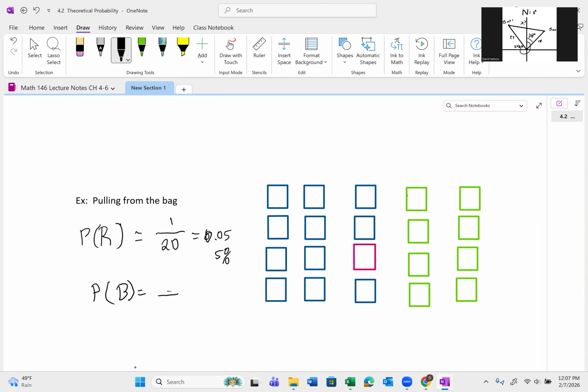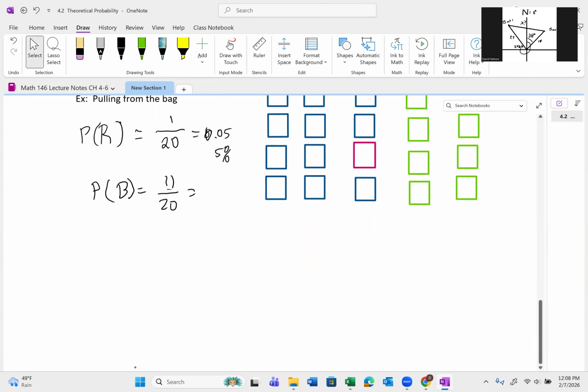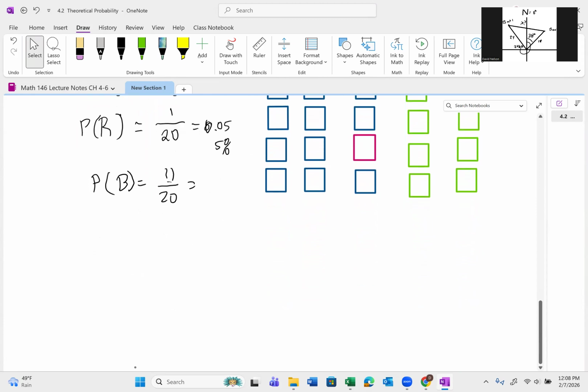We're still looking at 20 tiles in there. 1, 2, 3, 4, 5, 6, 7, 8, 9, 10, 11 of them are blue. So the probability of getting a blue tile would be 11 out of 20. So you just want to think about that sample space. What are all the possible options, and then how often does the thing that you come up with occur?